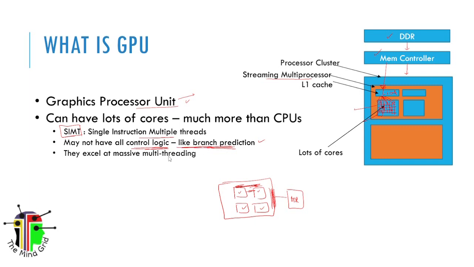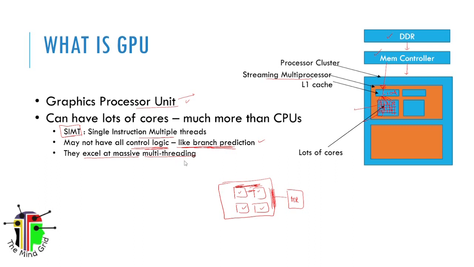The GPU cores specialize at just crunching arithmetic operations that are repetitive and have to be done for whole bunches of pixels and so on. So this whole GPU concept is basically excelling at massive multi-threading and being able to compute all these pixels in parallel at the same time.